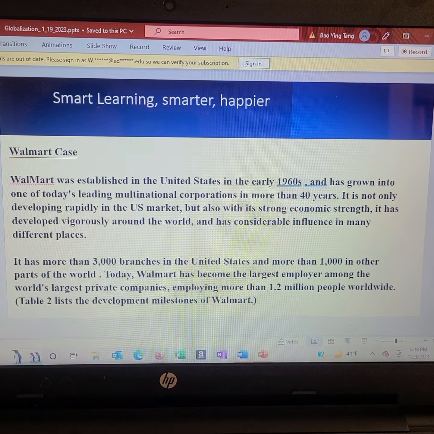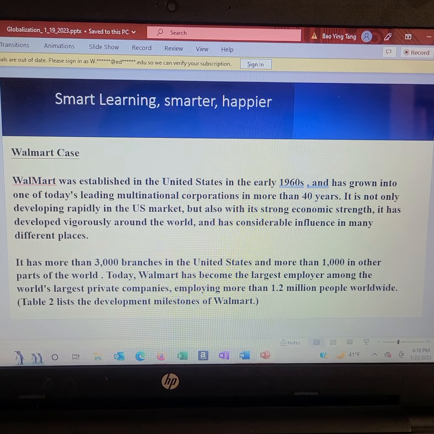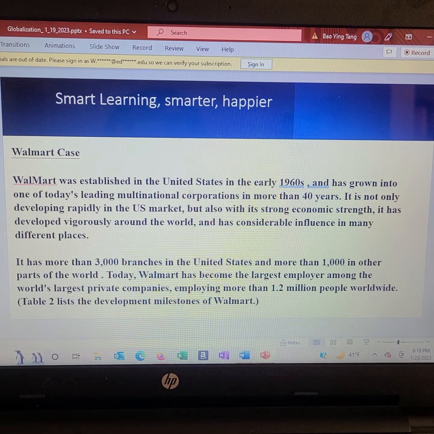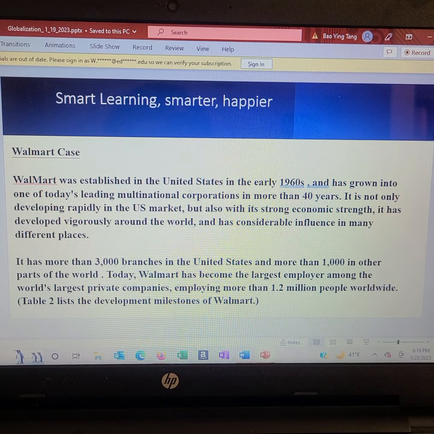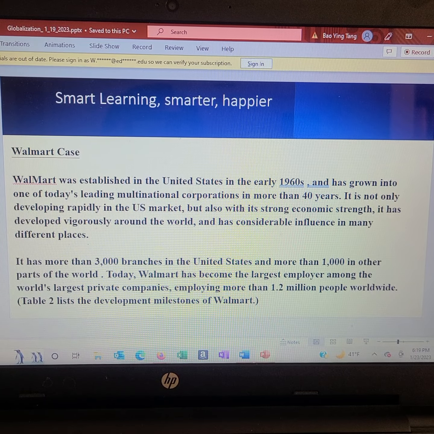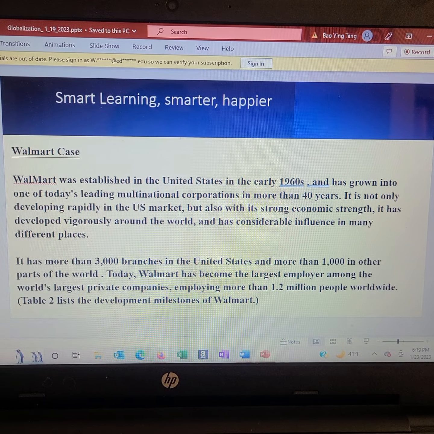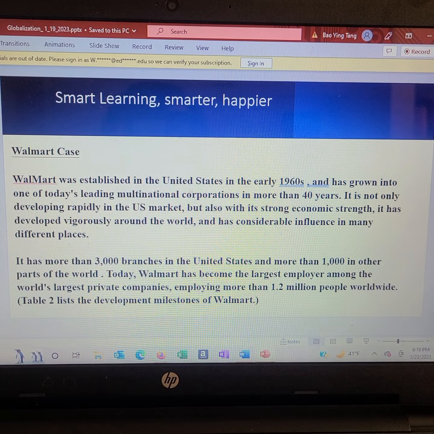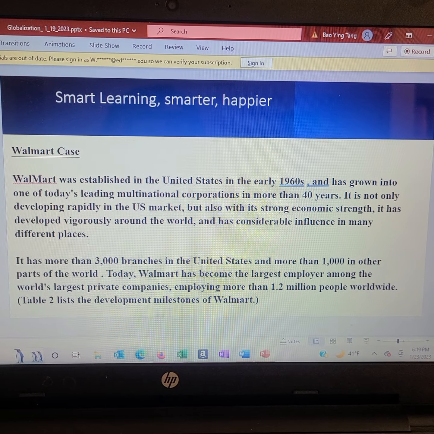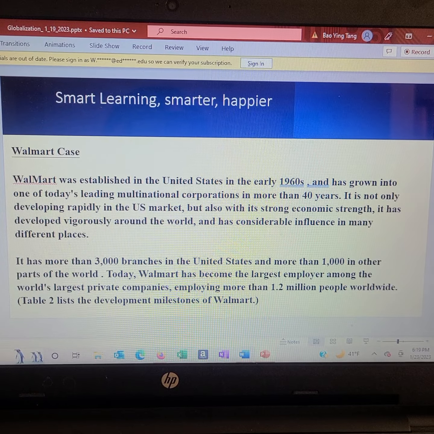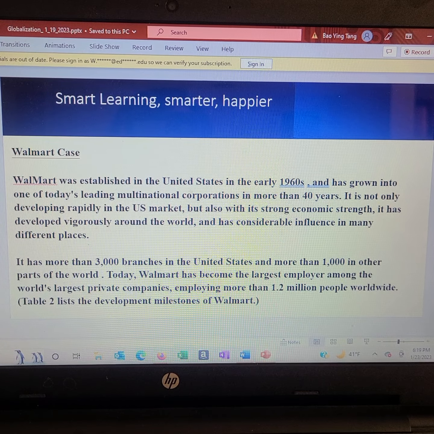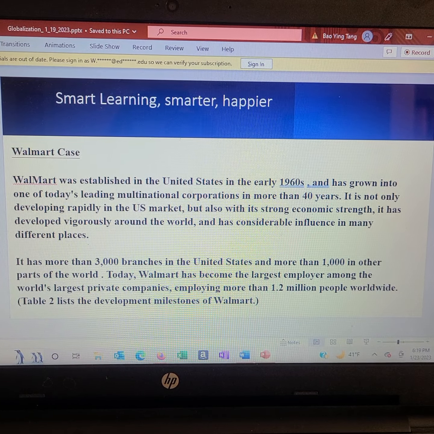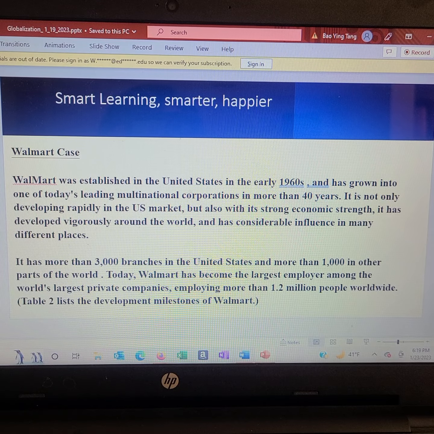The Walmart case. Walmart was established in the United States in the early 1960s and has grown into one of today's leading multinational corporations in more than 40 years. It is not only developing rapidly in the US market, but also with its strong economic strength, it has developed rigorously around the world and has considerable influence in many different places.